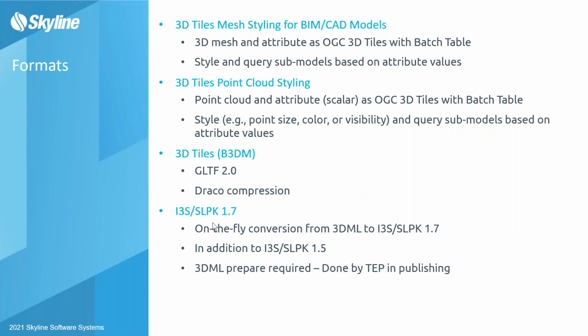We support I3S and SLPK. So again, the 3DML is the database stored on the server side, but then there are different Esri clients, and there's a whole list of them, and they're actually developed differently. So each of them behaves slightly differently. There's a whole generation or family of different Esri clients, and they can request and receive I3S databases.